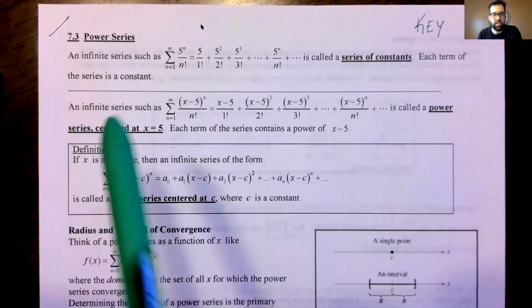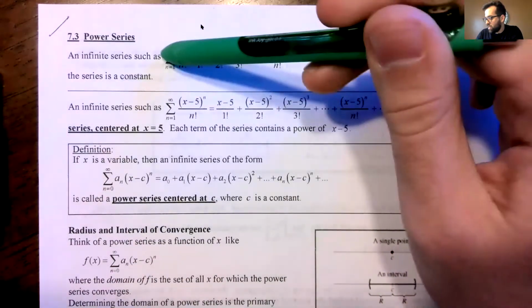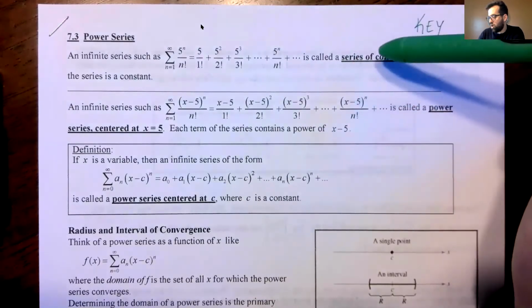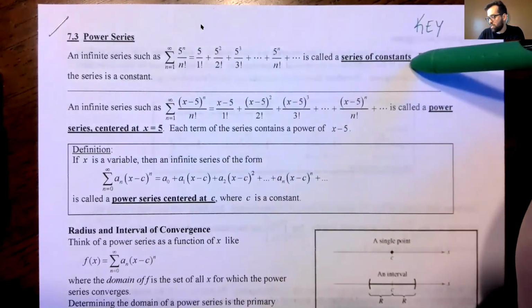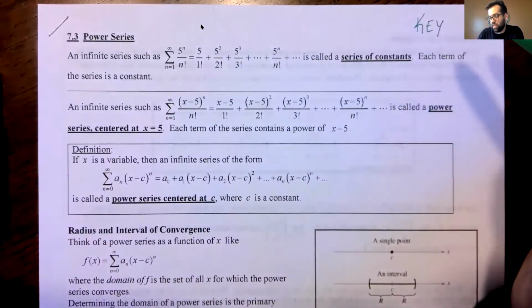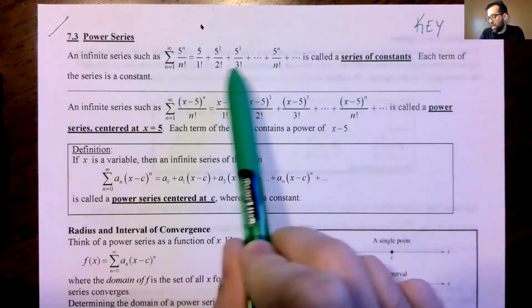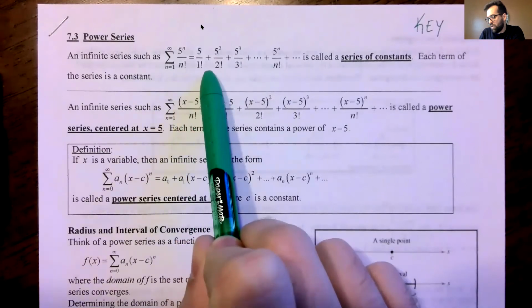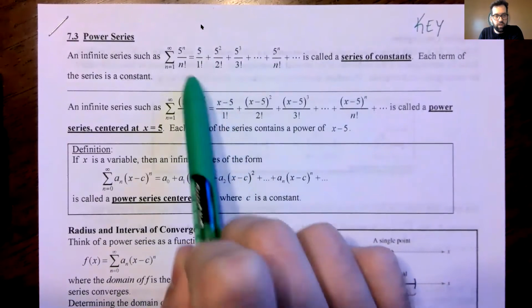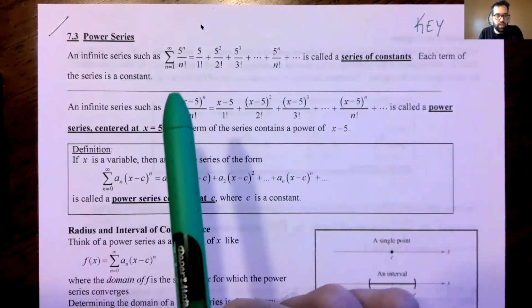7.3, Power Series. The series first listed on this page is an infinite series that we could call a series of constants. This is something that is like most of the series that we looked at in the last unit, right? There's no x. N gets filled in for each one of these fractions, and therefore each one of these fractions becomes a constant.